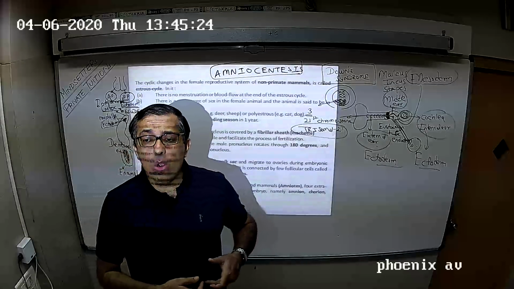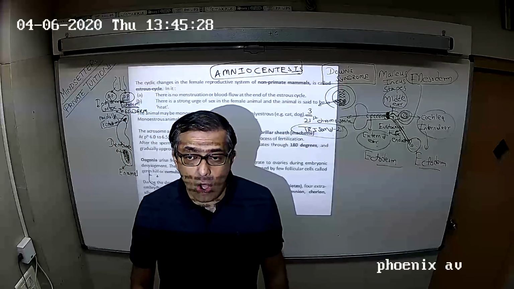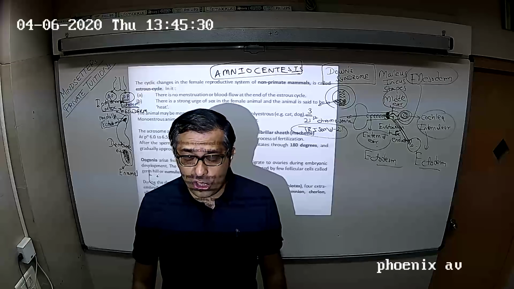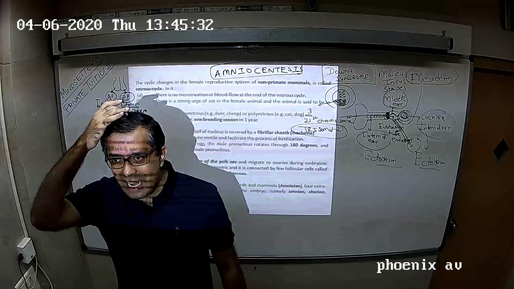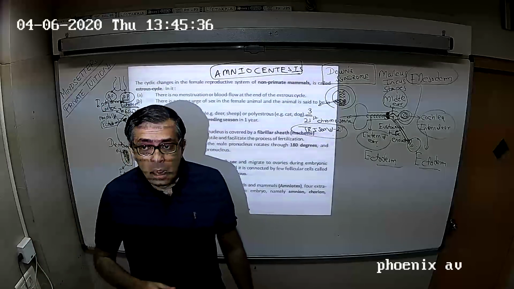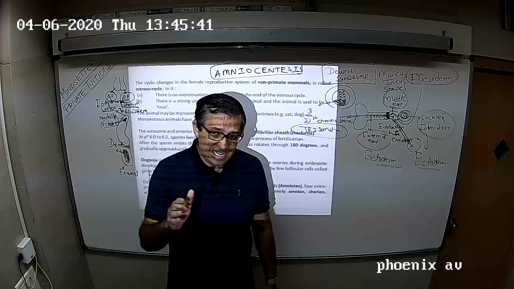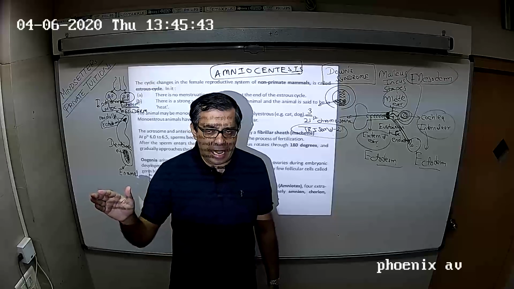And only during ovulation is testosterone or estrogen and progesterone secreted, and that will create a libido or a sexual excitement. Primates, once with menstrual cycle, are sexually excited all the time.